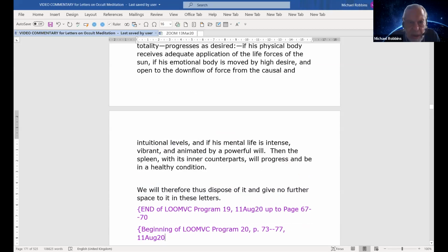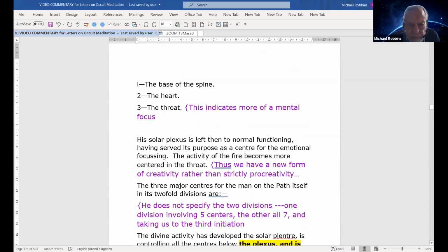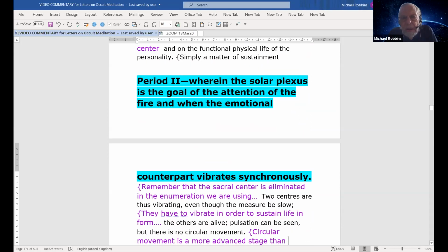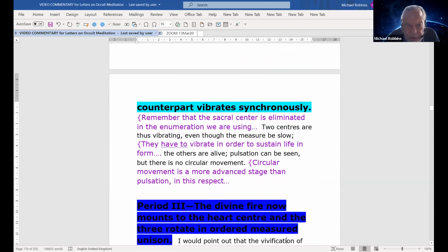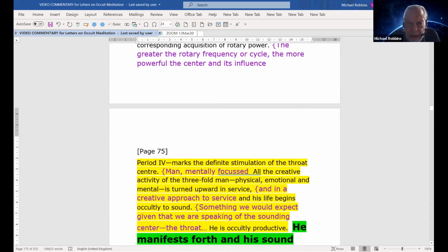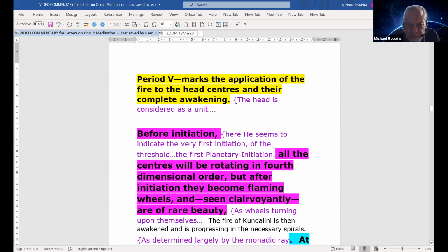That's where we began, and the periods when the centers are developing, and we're given mainly 5 centers because we're leaving out the sacral center, and we're uniting the 2 major head centers considered as one.